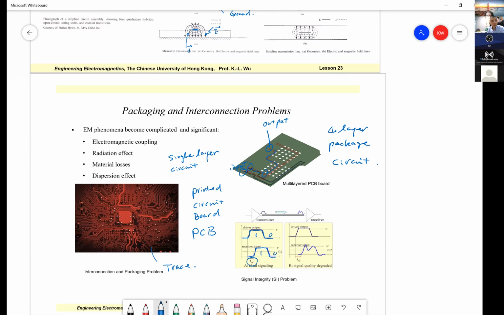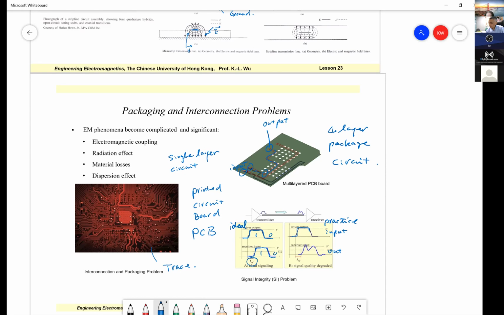As a result, your input signal looks like this. This is ideal. This is practice.